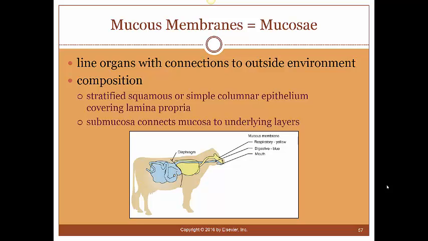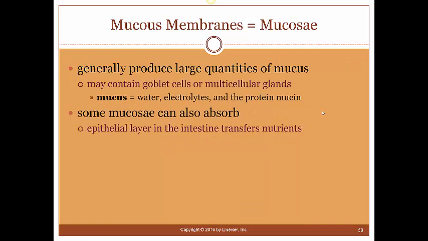Underneath the mucosa is what we call submucosa, and submucosa is just connective tissue holding the mucous membrane, or the mucosa, on, keeping those epithelial cells from going away. They produce a large quantity of mucus, which keeps everything moist, but at the same time, mucus is also a protective barrier against infection and to protect the body against things that would be harmful from the outside.